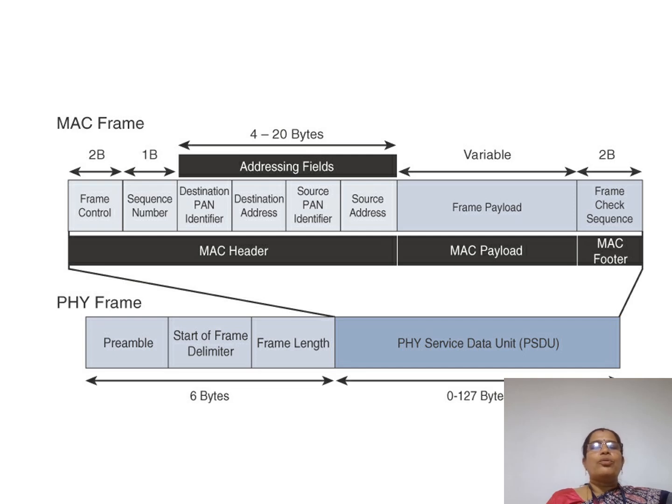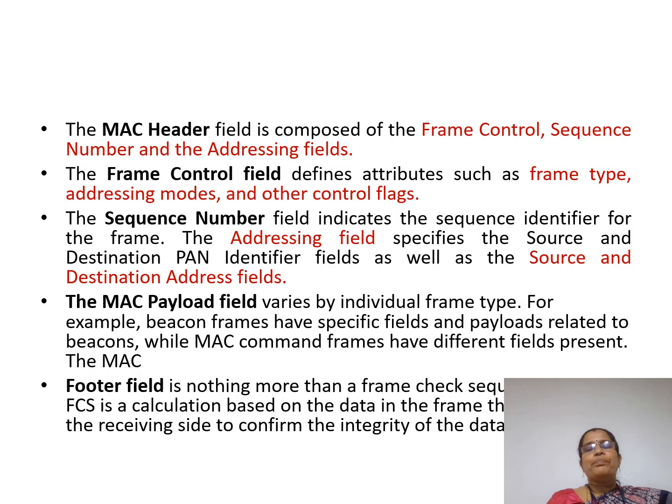The first 2 bytes are used for the frame control, then the sequence number of 1 byte, then the destination PAN identifier and the other address fields. 4 to 20 bytes are used for the address fields: destination address, source PAN, source address. Then a variable frame payload, which is the MAC payload, and the frame check sequence, which is the MAC footer. This MAC frame is carried in the PSDU of the physical frame.